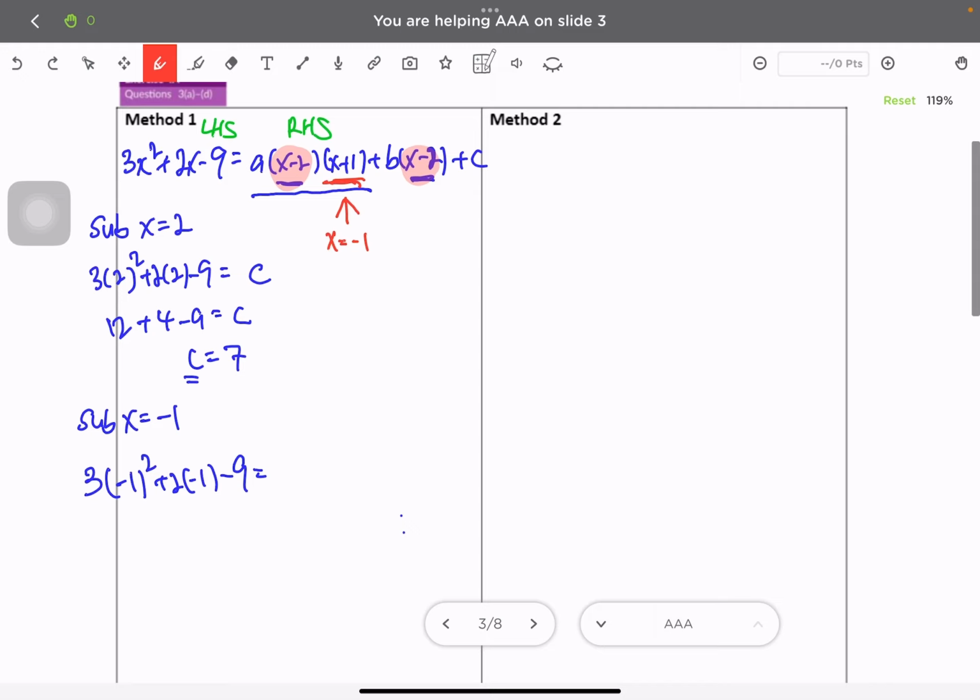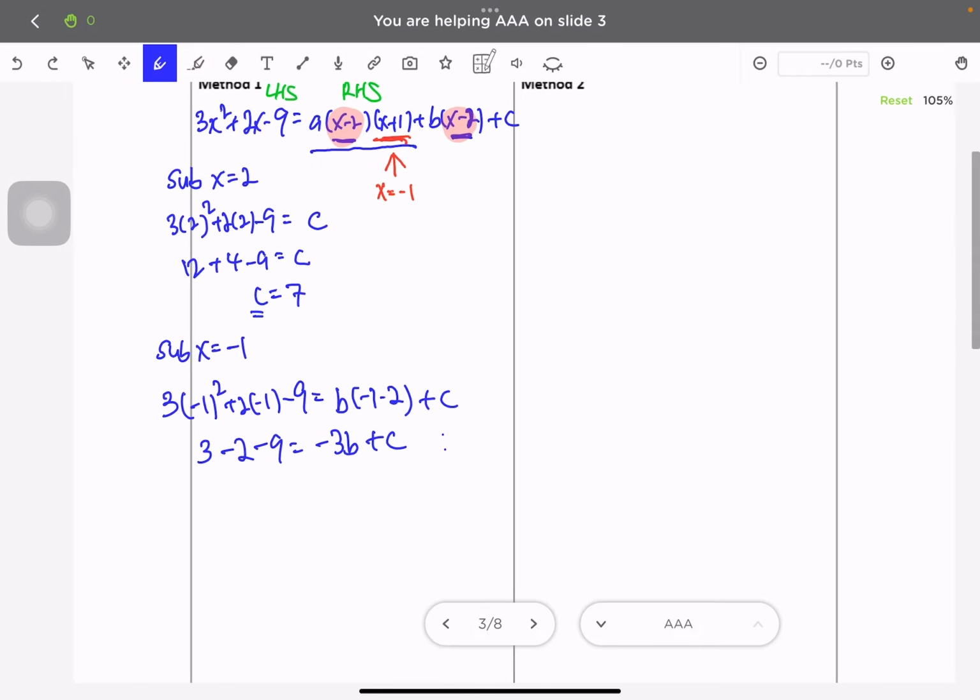So only left with b, correct? So I will have b bracket minus 1 minus 2 plus c. As I work out the answer, this will be 3 minus 2 minus 9 equals to minus 3b plus c. Since I already know the value of c, I just substitute it in now.